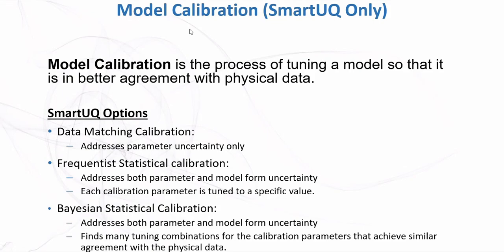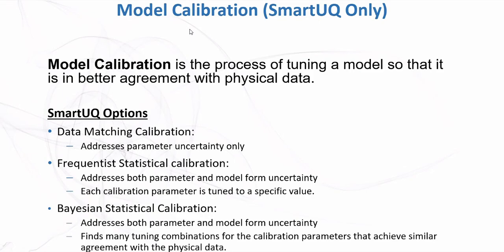Other software packages, if they do offer something along the lines of calibration, it would be more along the data matching type of calibration. Where SmartUQ is unique as compared to JMP and any other software tools out there is with our frequentist and Bayesian calibration tools.